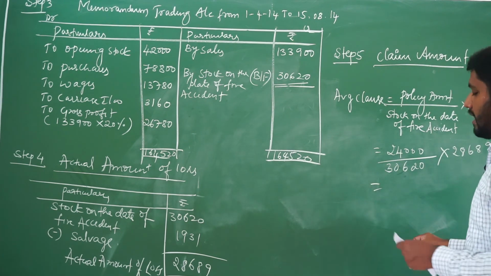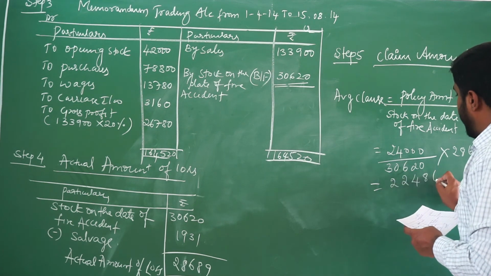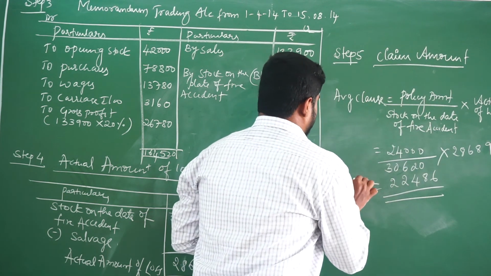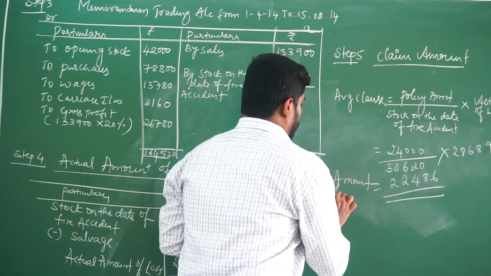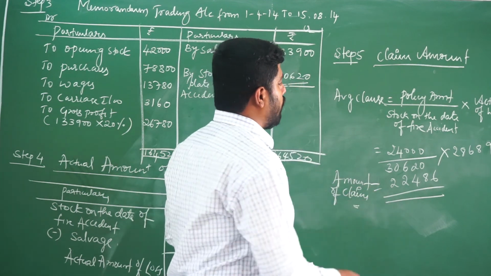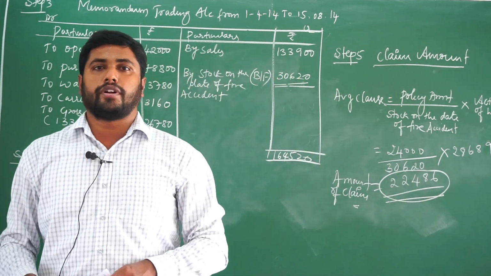You will get claim money 22,486 rupees. This is the amount of claim, 22,486 rupees. Okay, thank you students.